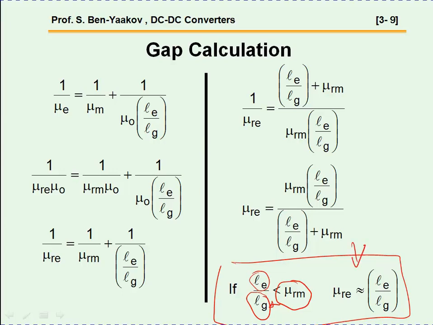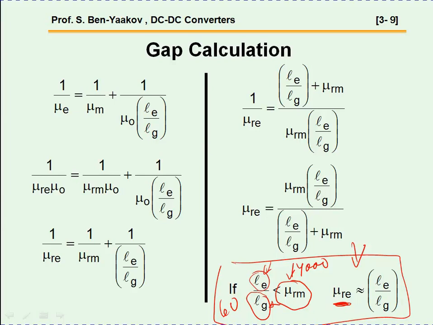Let me first clarify. This will be the mu r of, say, ferrite, to be 4000. And if Le over Lg is, say, 60, that is, the gap length is 60 times smaller than the ferromagnetic path, then the mu of the assembly will be Le over Lg.